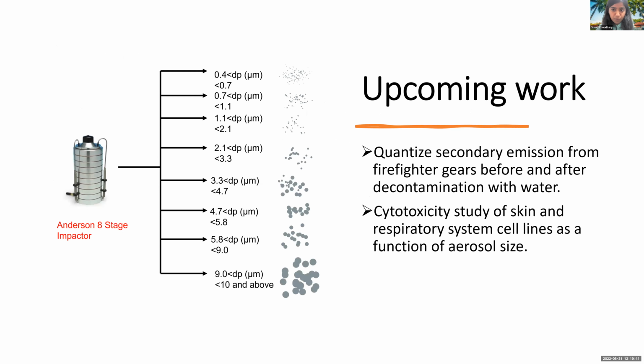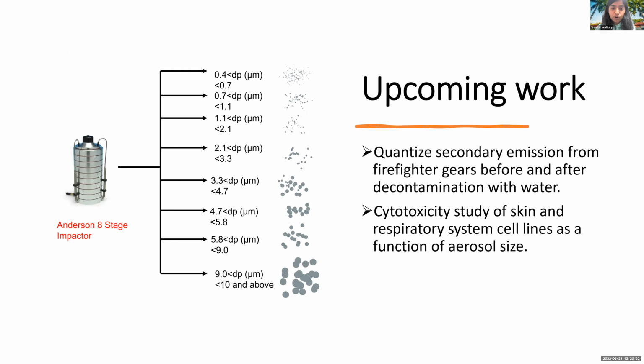As a part of our upcoming work, we want to quantify the secondary emissions from firefighter gears before and after the decontamination with water, because that will help us in understanding how much of the particles are actually being removed during the decon procedure.